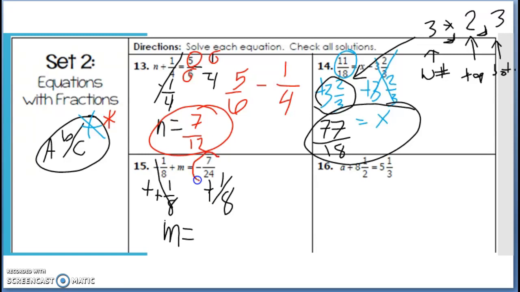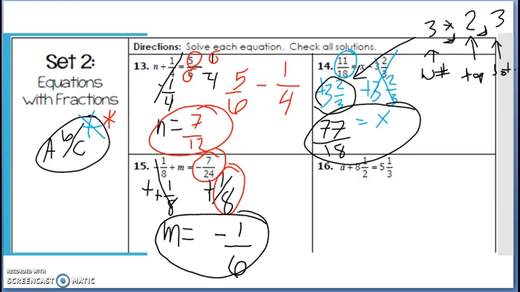So we do negative 7, fraction button, 24, plus 1, fraction button, 8. And once you do that, you will get negative 1/6 as your final answer. M equals negative 1/6. It is very important that you do have the variable m equals, because we are solving.